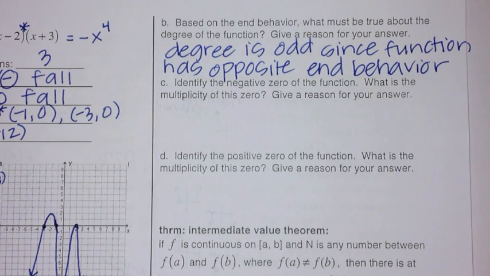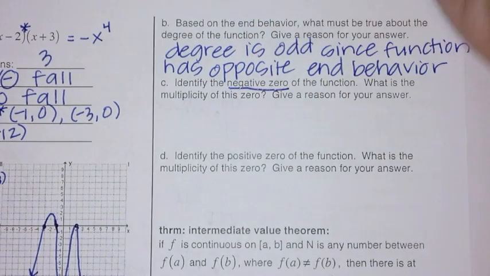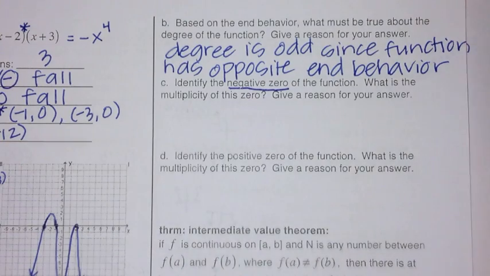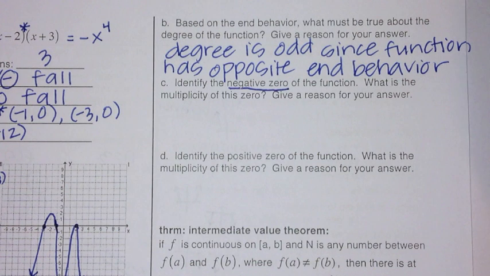Moving on, identify the negative zero of the function. So be very careful here. The only pieces of a graph that are actually called zeros are the x-intercepts. Sometimes students get that mixed up with the y-intercept. The zero of the function means that y equals 0. It's an x-intercept.